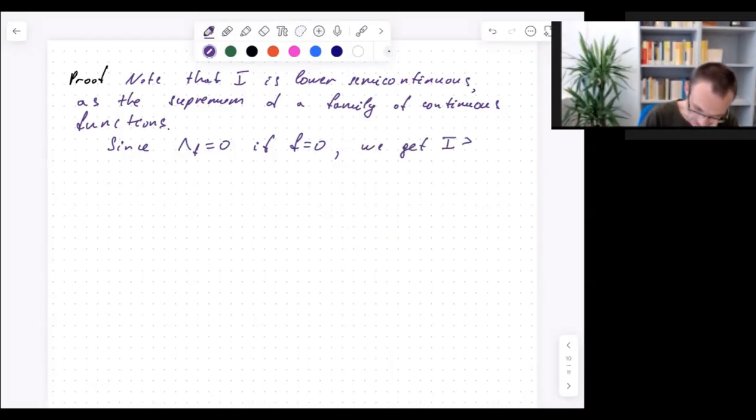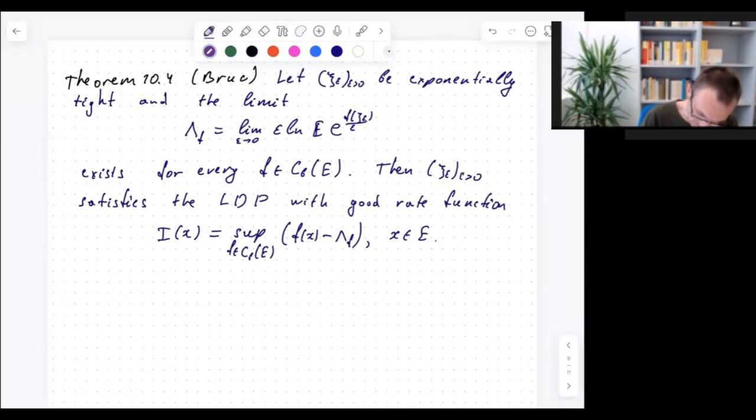that I is non-negative. The reason is trivial, because you have at least one function such that I of x, for every x, is equal to 0. It is for the function f equal to 0. Therefore, the supremum also must be non-negative, because the supremum must be larger or equal than the value for one fixed function.